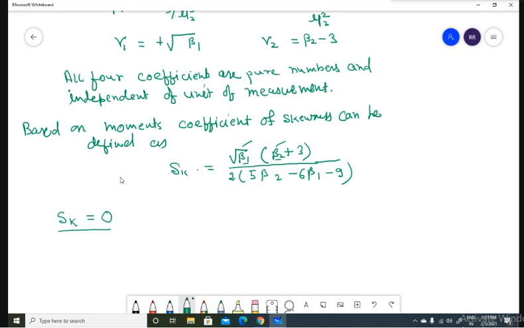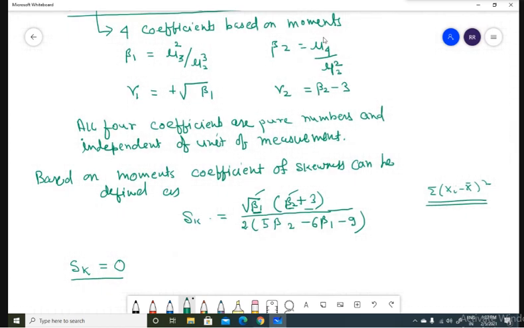So it will be symmetric. Sorry, it will be 0 if beta 2 is equal to minus 3 or beta 1 equal to 0. But beta 2 is in the form of (xi minus x bar) whole squared divided by something, so it cannot be 0, because it is power 4 and power 2.